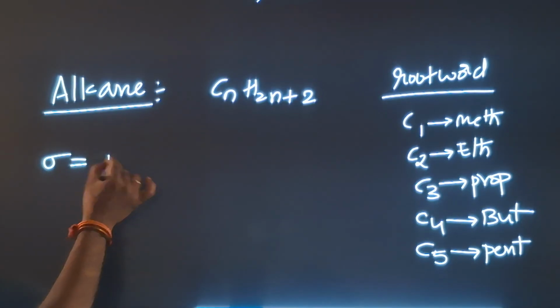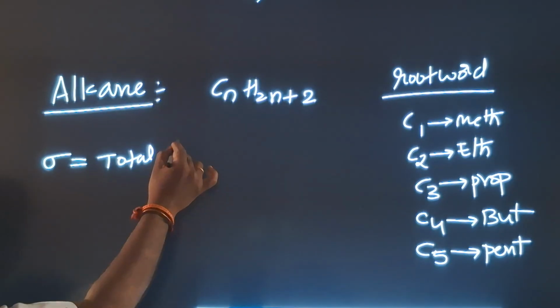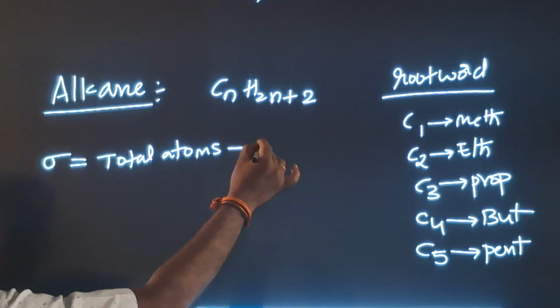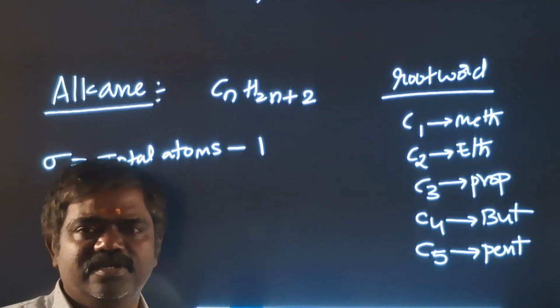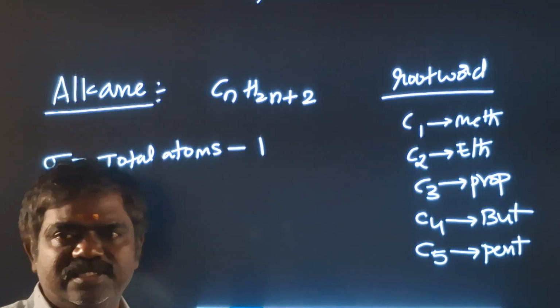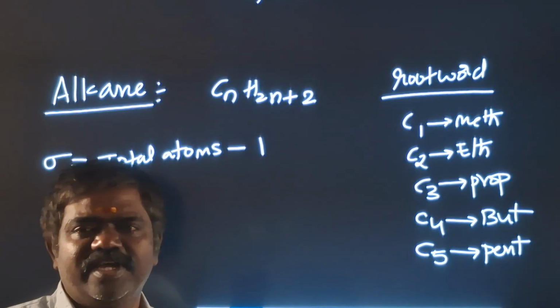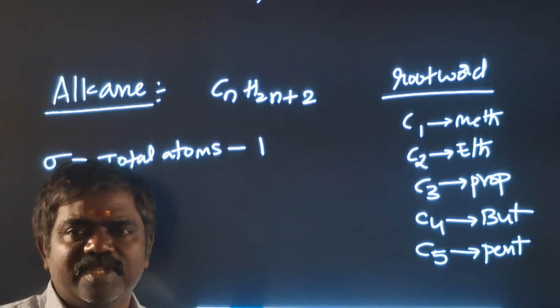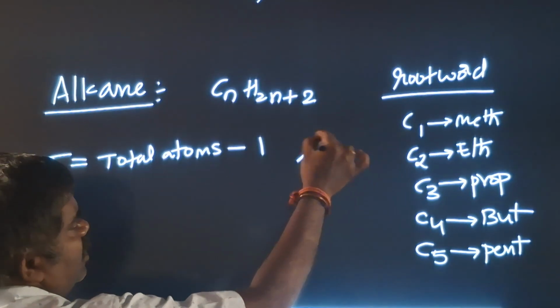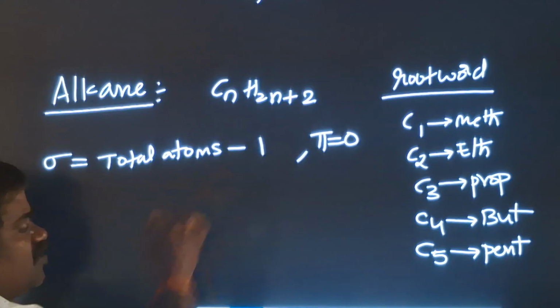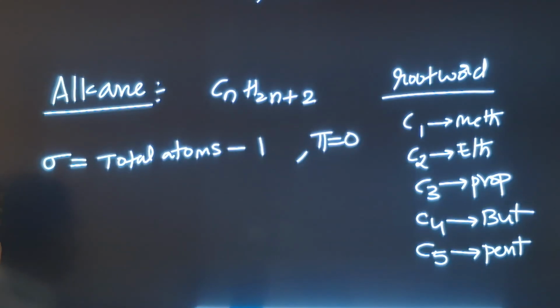Now, if you want to calculate the total number of sigma bonds, it is equal to total atoms minus 1. That is the formula for sigma bond calculation: total atoms minus 1. Understood or not? If any compound satisfies the alkane formula, the number of pi bonds is 0.